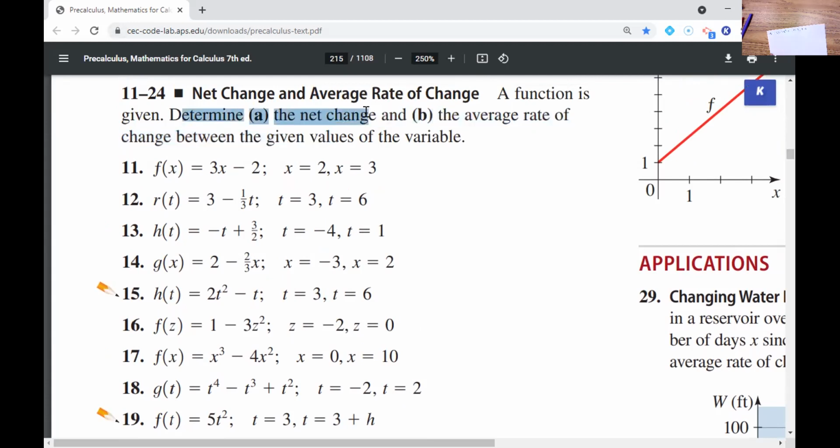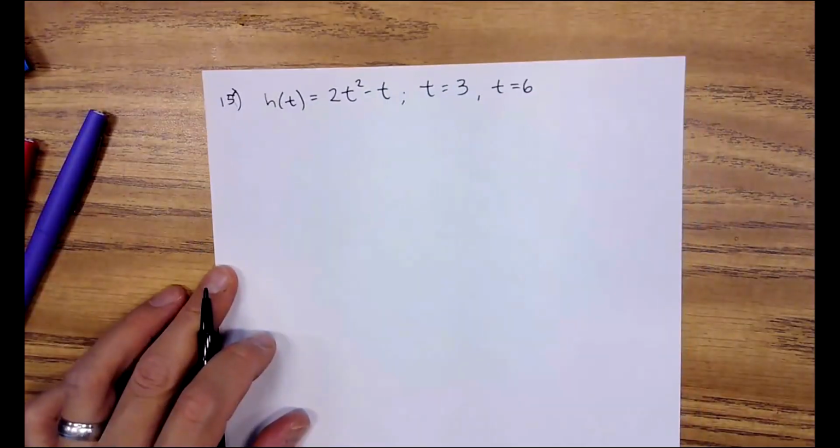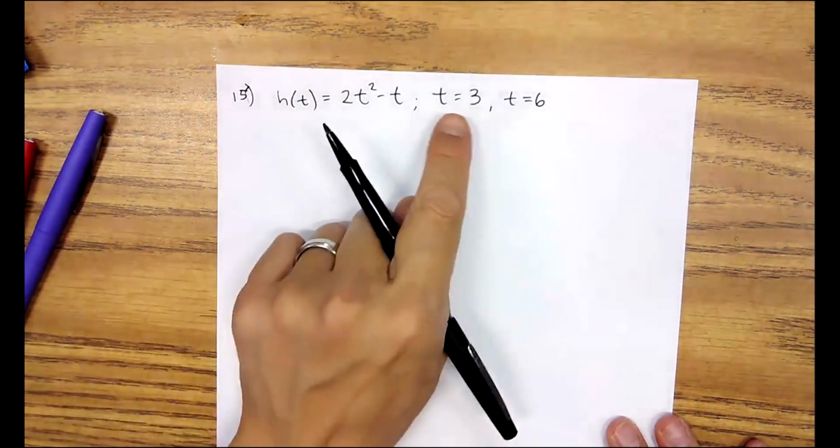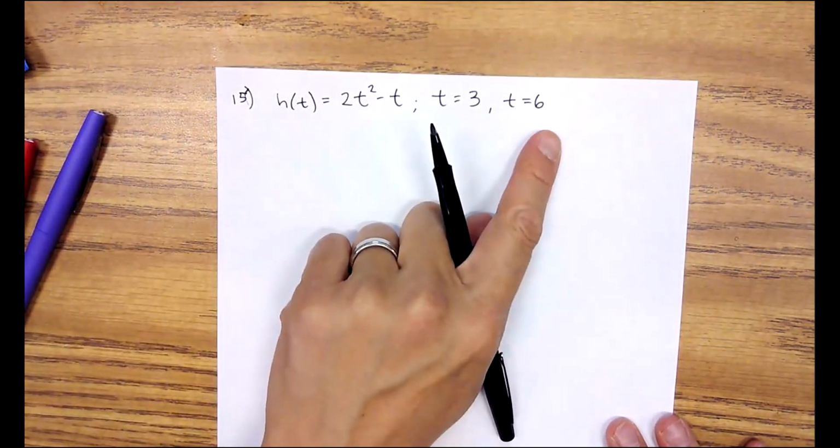Determine A, the net change, and B, the average rate of change between the given values of the variable. We're just going to do B. Okay, I just want to focus on average rate of change between the two variables. All right. So we have this as our problem, right? So we have t equals 3 and t equals 6.